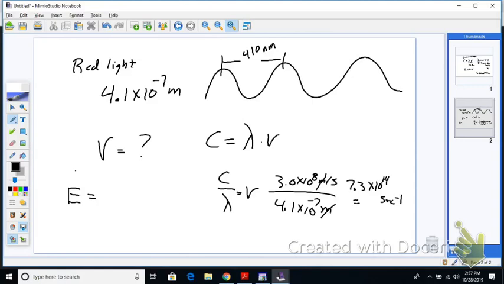So this bundle of energy is called a photon, and if that photon has a frequency like red light, then we can solve for the energy of it. So energy, again, is equal to Planck's constant times the frequency. So go ahead and solve for the energy of that particular photon and how much energy it's associated with.